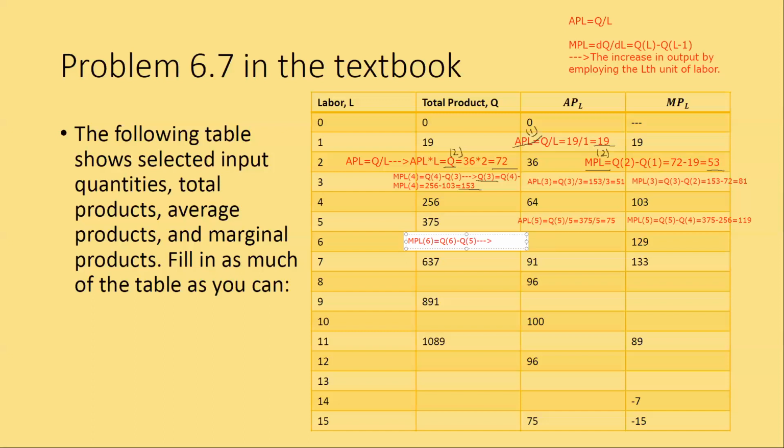This would imply that Q6 equals MPL6 plus Q5. We have both of those pieces of information. So Q6 will be 375 plus 129, and this equals 504 if my math is correct.